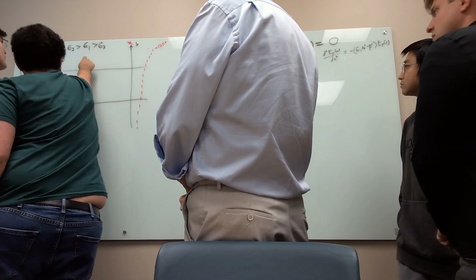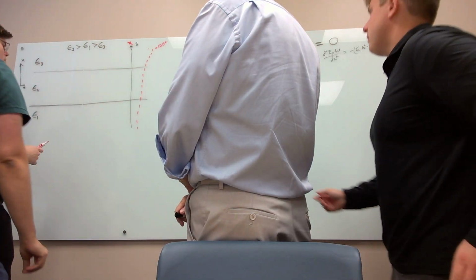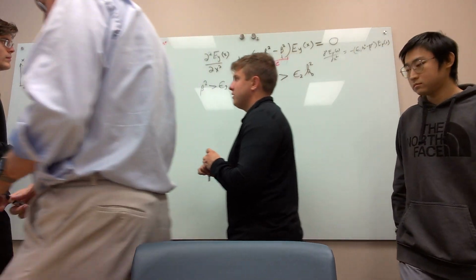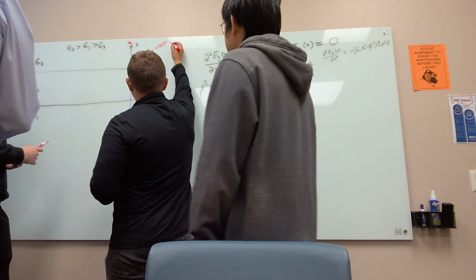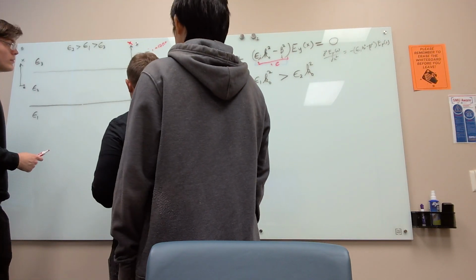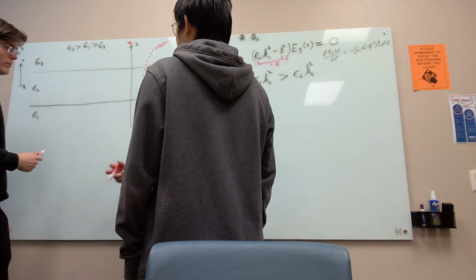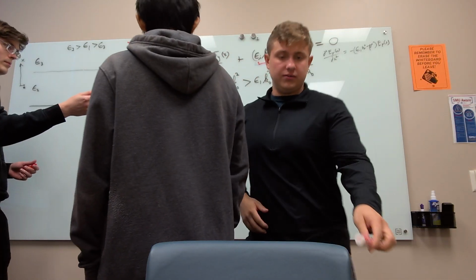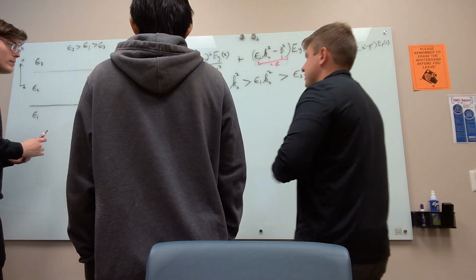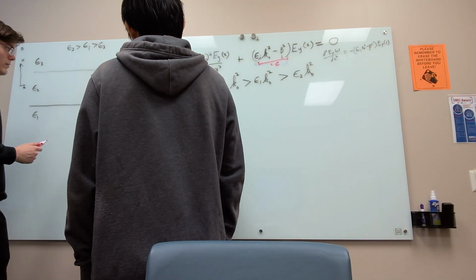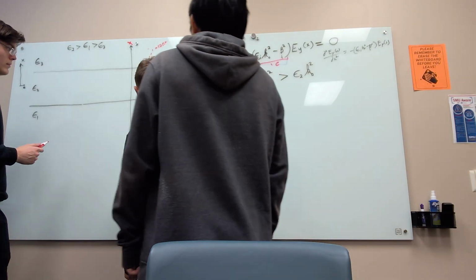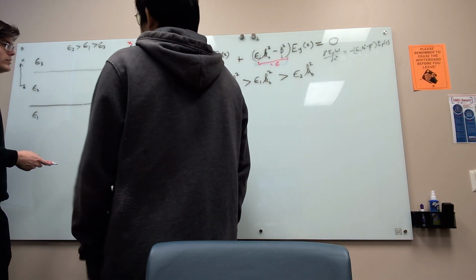So we would have something like that. I agree. Since E2 is going to be the largest, I think it's going to get back up here. I'll do another color. I think it's going to come back. Oh, you're saying it's a practical solution?